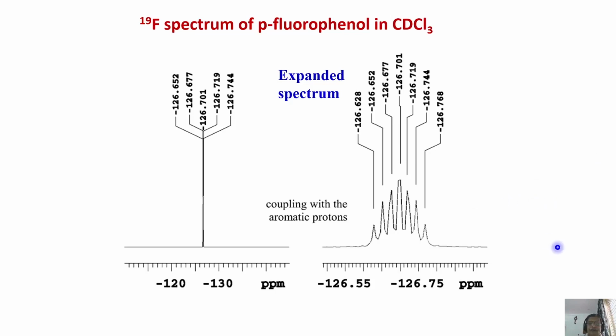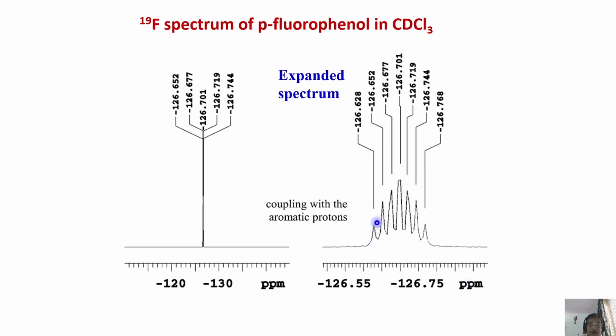Then it gives us a triplet-like pattern, because two peaks at the center overlap. Each of these lines experiences coupling with the meta protons of equal strength. Both meta protons have the same coupling strength to fluorine. Now each of these triplet lines is further split into a triplet because of that. So you should get a triplet of triplets, in principle 9 lines.